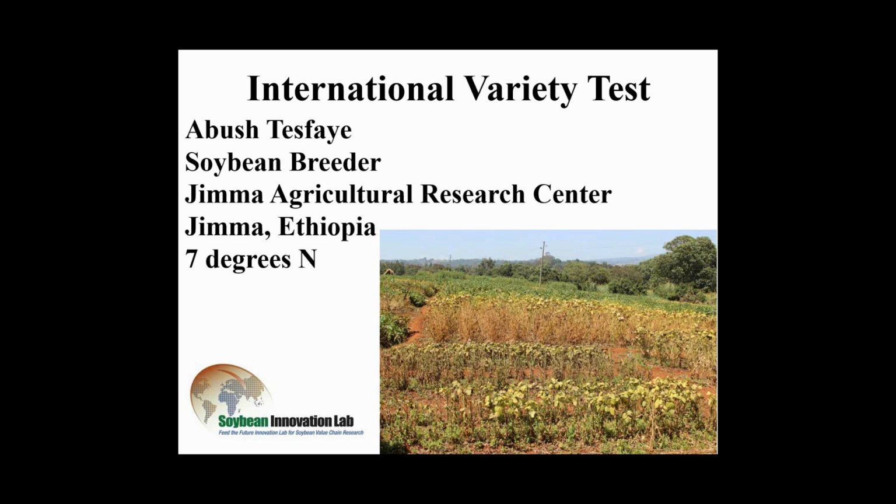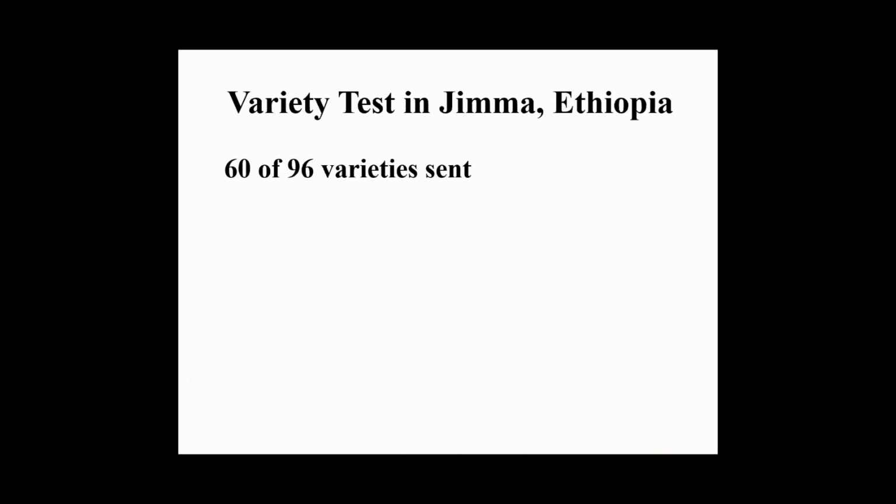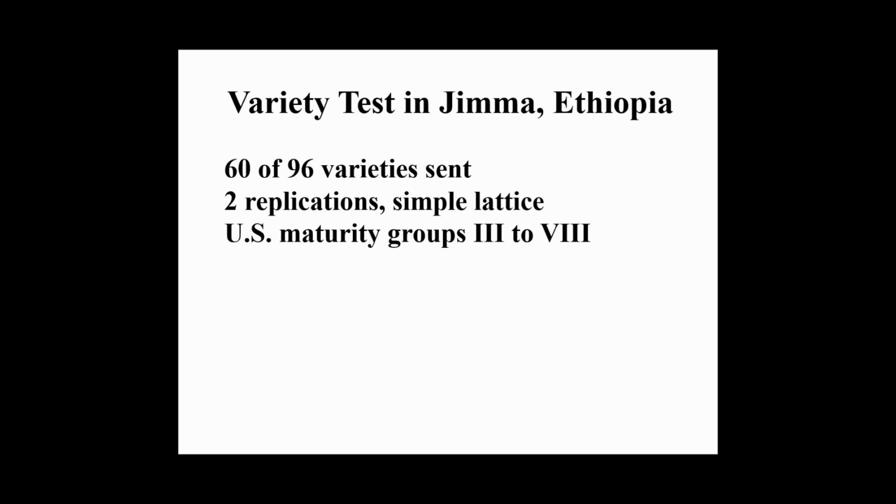Bush is a breeder at Jimma Agriculture Research Center in Jimma, at 7 degrees north latitude. We sent the same set of material to Bush as we did to Nicholas. Bush had some problems with seed increases, so he was testing 60 of the 96 varieties that we sent, with 2 replications in a simple lattice.